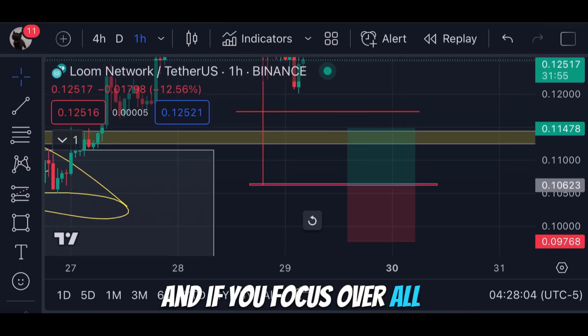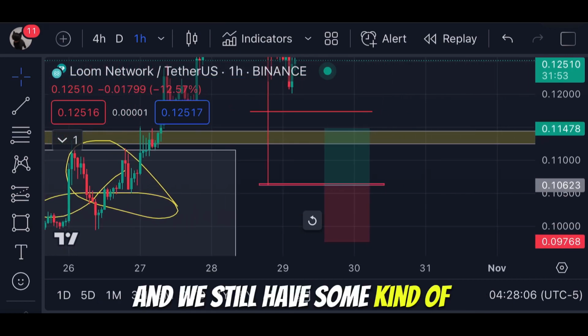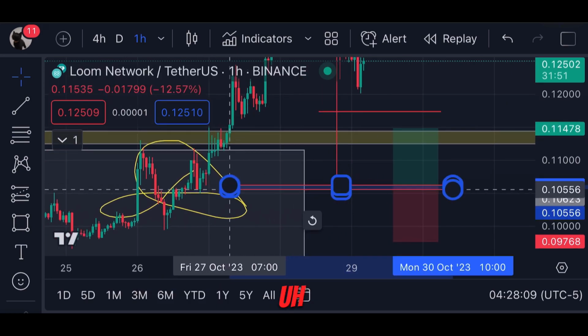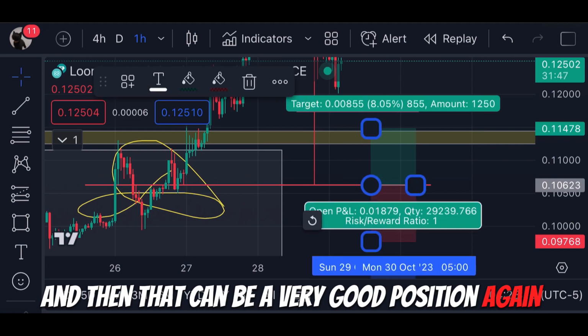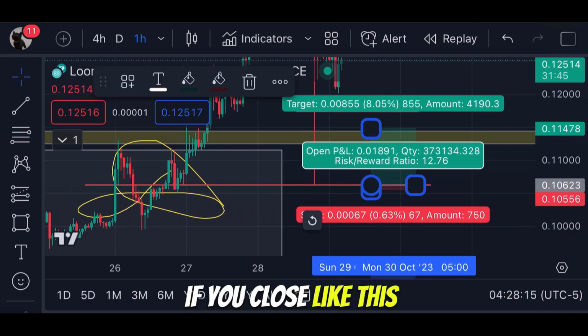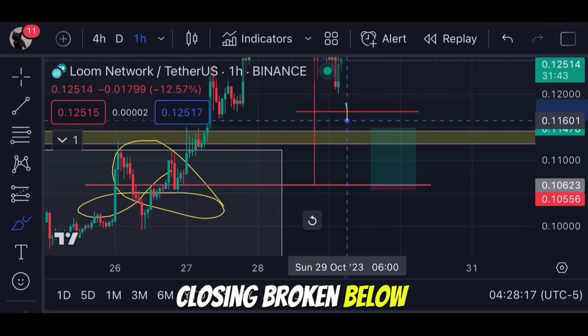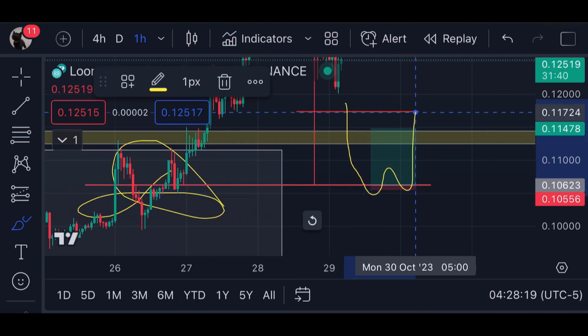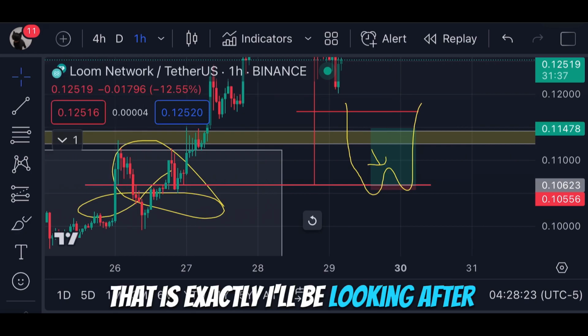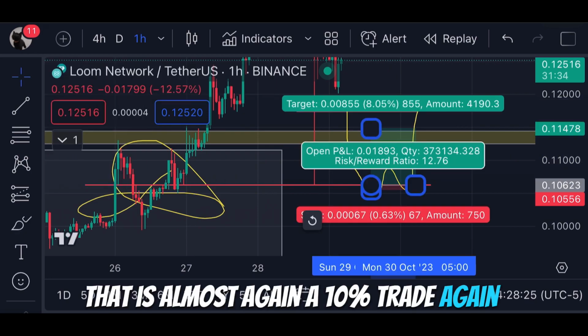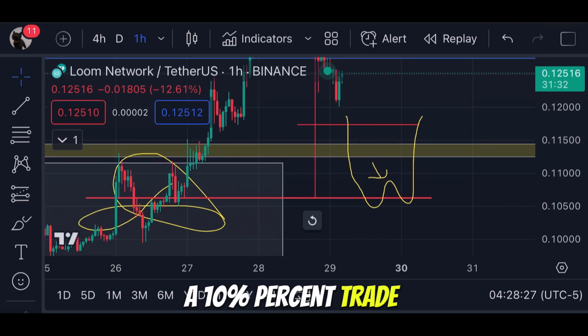And if you focus overall, we still have some order blocks right here, and that can be a very good position again. If we close like this, breaking below and closing like this, that would be our trigger point from here. That is exactly what I'll be looking for. That is almost again a 10% trade.